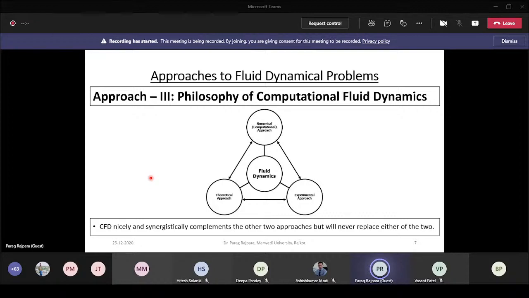How will you validate your code? You can validate your code against problems whose solutions are standardized, either by analytical means, or there are some benchmark experiments with which you can compare your results. So we cannot discuss CFD without considering the other approaches, the analytical approach and the experimental approach.